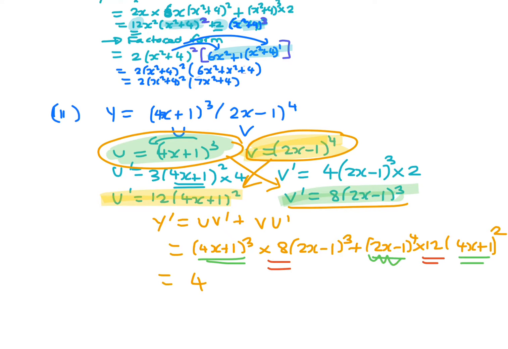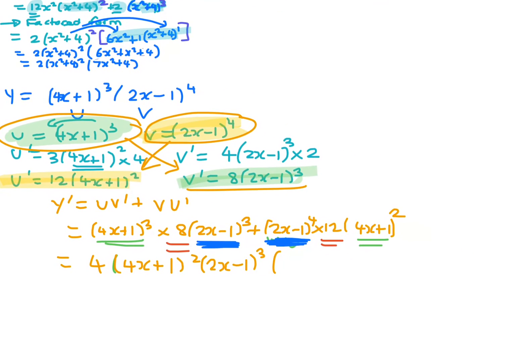So the one with the lowest index would be (4x plus 1) squared. And then we get to the next part, we go (2x minus 1) to the 3 and (2x minus 1) to the 4. So the lowest index there would be (2x minus 1) to the 3.